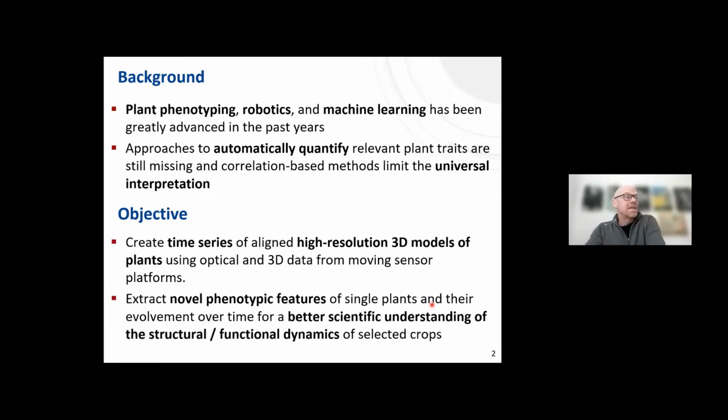And the objective of Core Project 1 is that we are the measurement enthusiasts, and we want to create time series of really high resolution 3D models based on real field data from real sensors in the field, to be able to extract novel phenotypic features which we can access by having a close look into the plant structure and function.